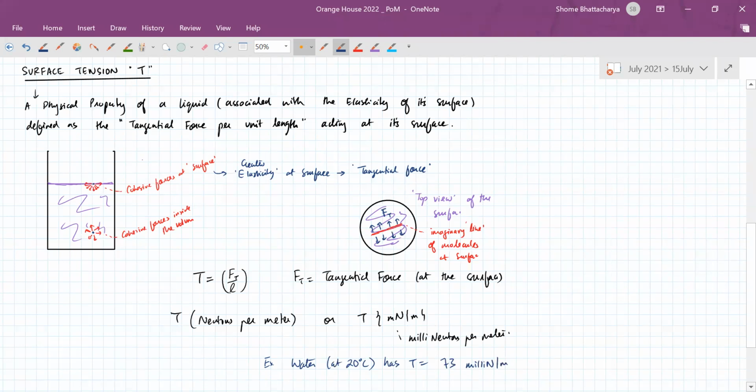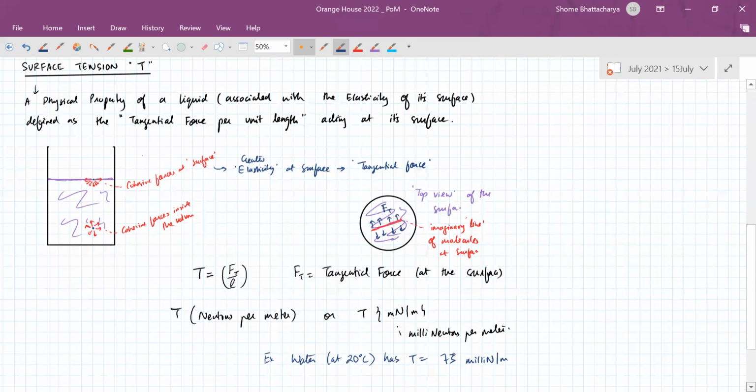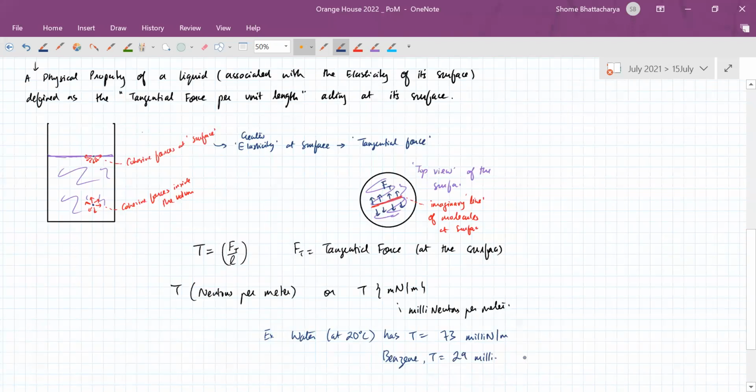At that same temperature, benzene has surface tension equal to about 29 millinewtons per meter. Mercury has surface tension of about, pretty high, 485, 486.